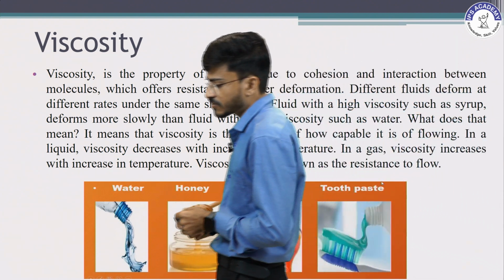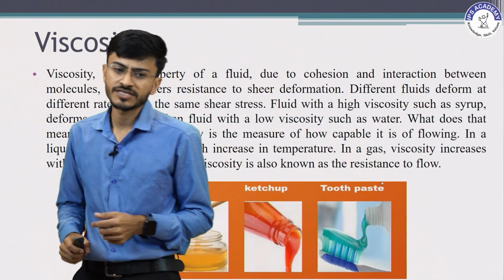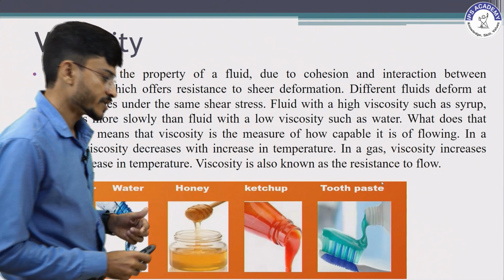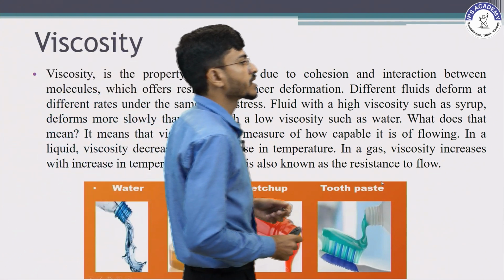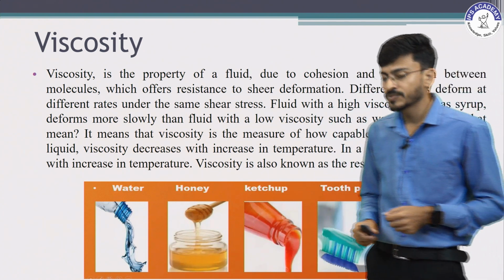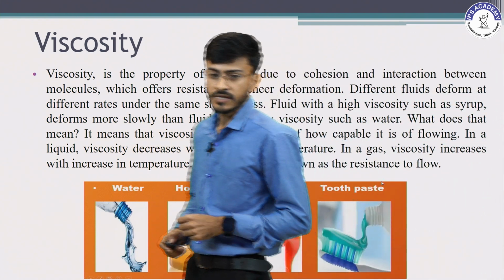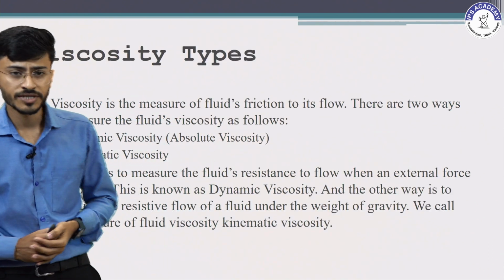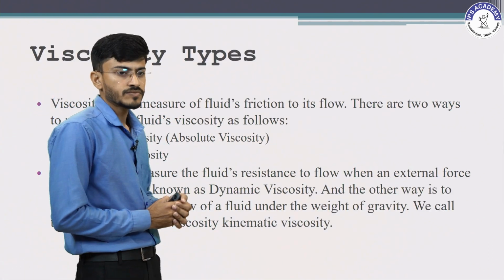So the behavior of viscosity with temperature is different in fluids. In the example of liquid, the viscosity will decrease, whereas in the case of gases, the viscosity will increase. Now coming to the types of viscosity.